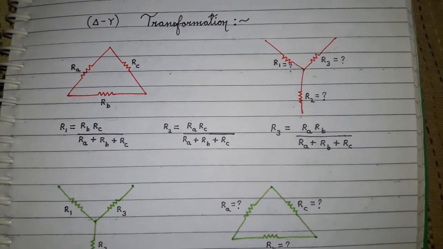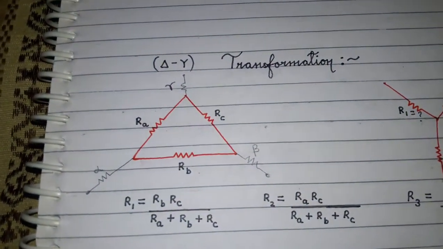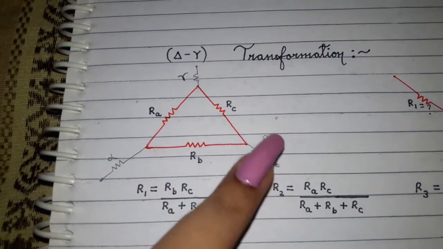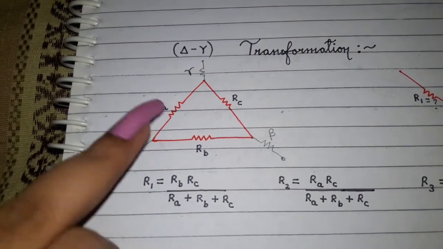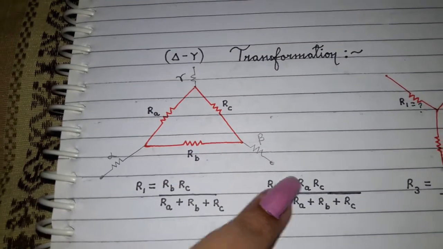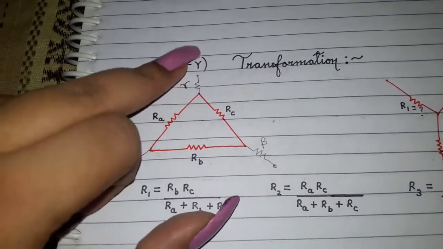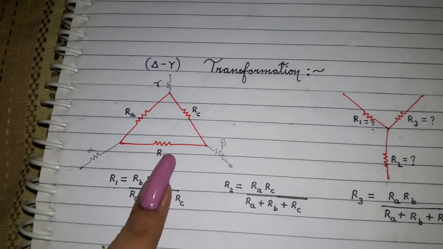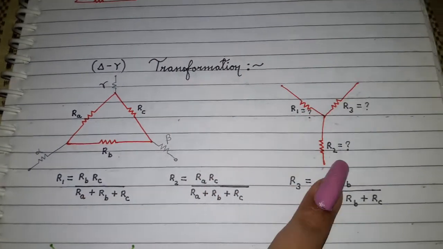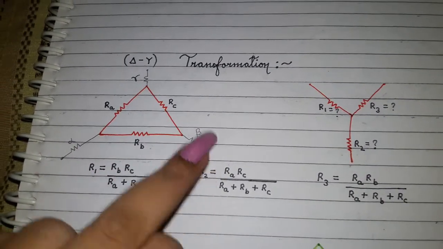And an important thing is, if we have extra resistances connected to the terminals, here we are taking an example. Suppose alpha ohm is connected between RA and RB, beta is connected between RC and RB at this point, and gamma is connected at this point. After converting this delta into its equivalent star, what would be the position of these resistances alpha, beta and gamma?